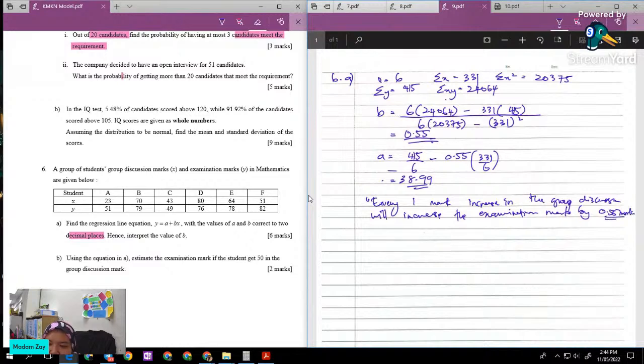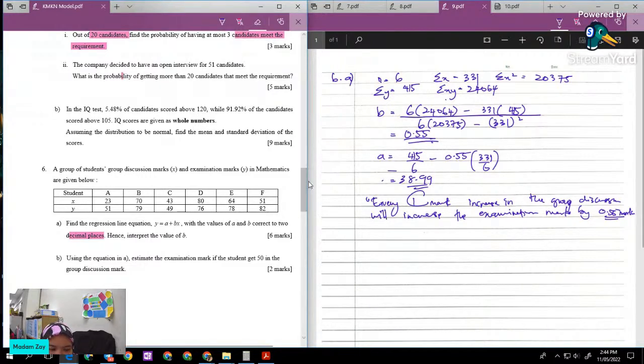Okay. So, setiap kali you dapat increase markah dalam group discussion, you akan possibly untuk you improve lagi markah exam sebanyak 0.55 marks. Okay, itu B. Dia adalah gradient.